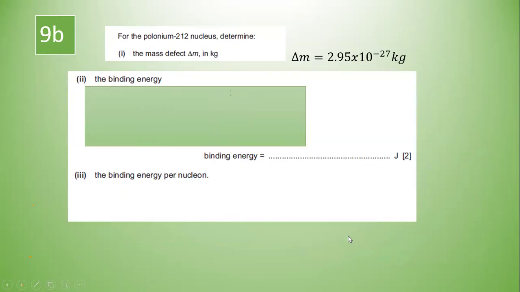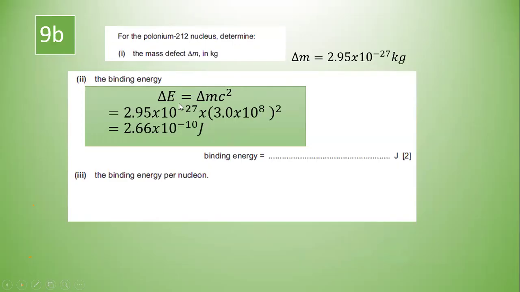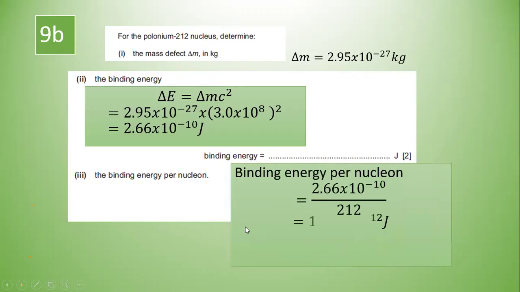Binding energy is just using E equals mc squared, the change in mass times the speed of light squared. Then you get 2.66 times 10 to the power minus 10 joule, divided by 212 to get joule per nucleon.